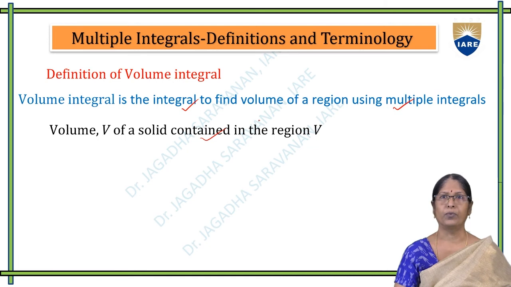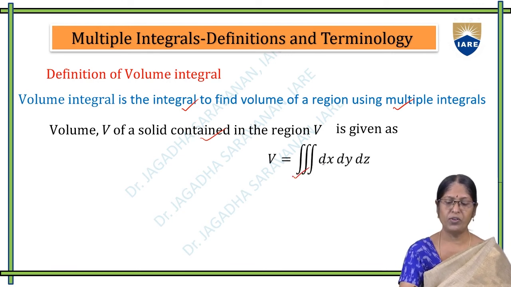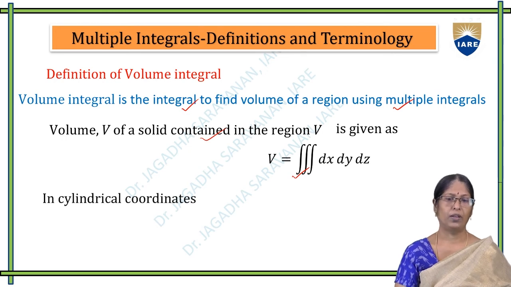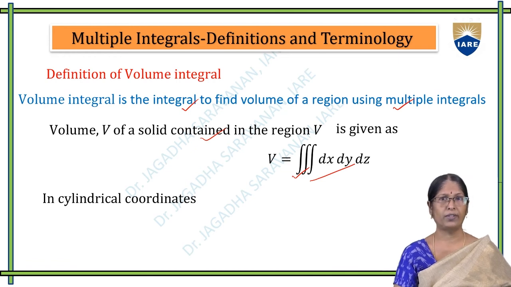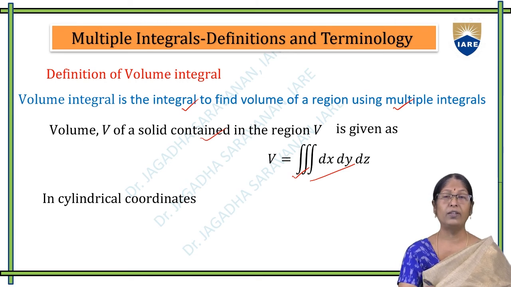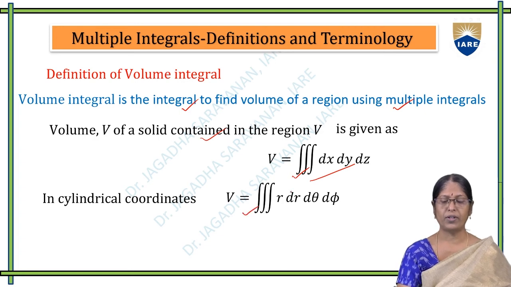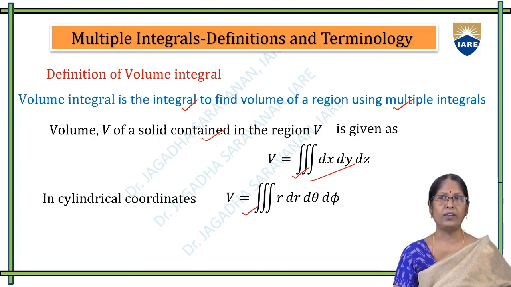Suppose we want the volume of a solid region, then it is given by the formula triple integral dx dy dz, which is in Cartesian form, that is x, y, z in the Cartesian coordinate system. If it is cylindrical coordinates, where our geometrical figure is cylindrical, then polar form is to be used, then triple integral r dr d theta d phi.